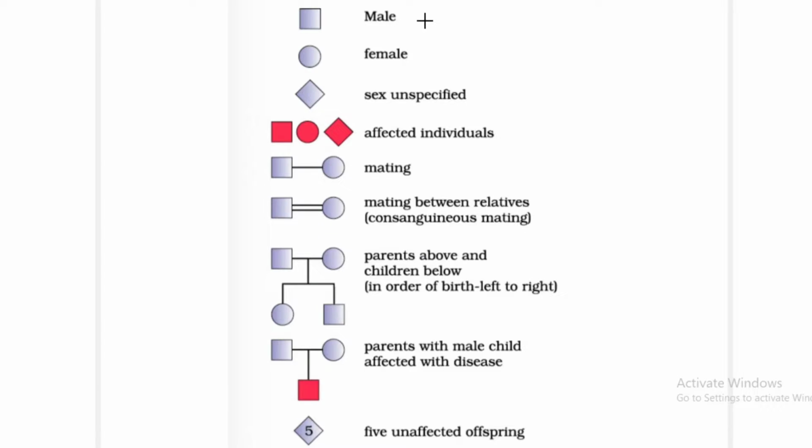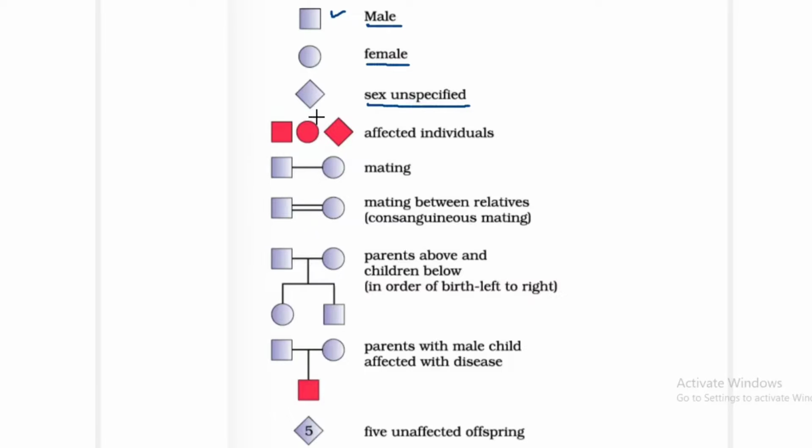So, in case of pedigree analysis, while doing pedigree, we use different kinds of symbols like this. This square symbolizes male, and this round is for female, and this structure says sex unspecified, meaning we do not know if this is male or female.